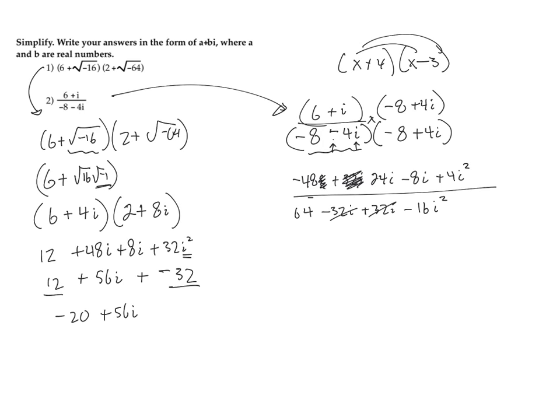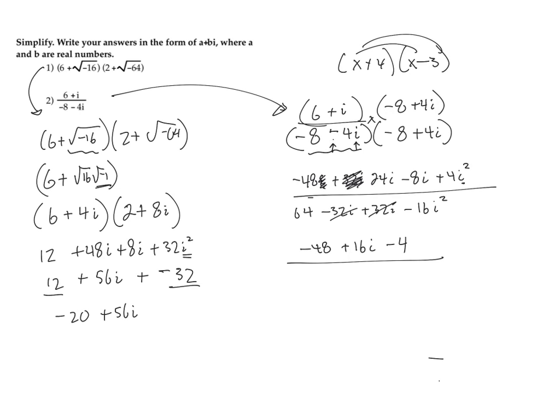So these two cancel. On the top, let me simplify that. I'd have minus 48, 24 minus 8 would be 16, so plus 16i. And then this i squared is negative 1. Negative 1 times 4 would be a minus 4. I'll need to do some more simplifying on the top there.